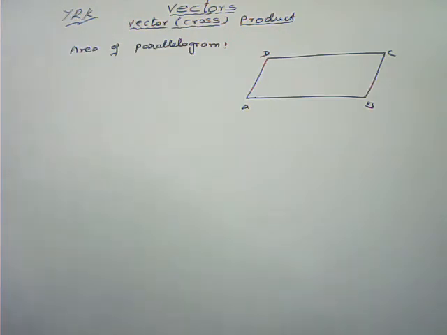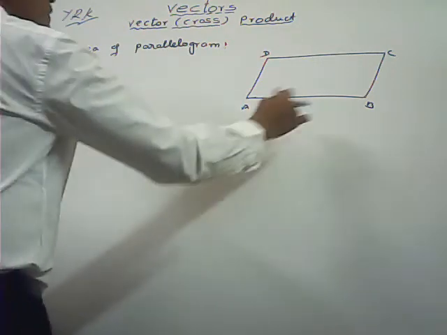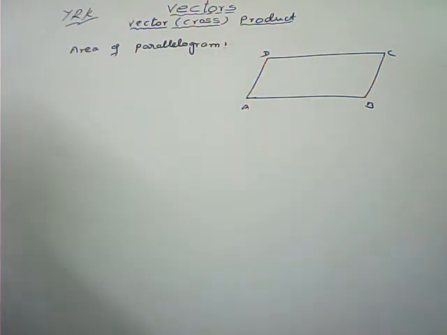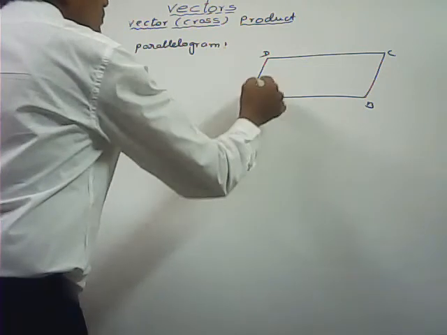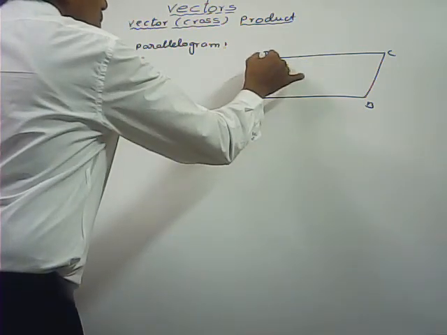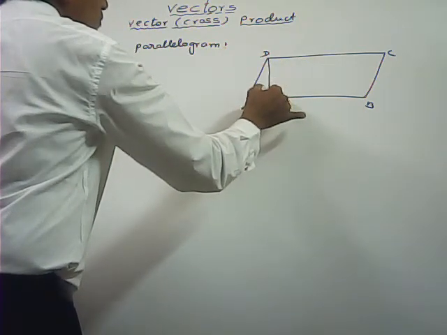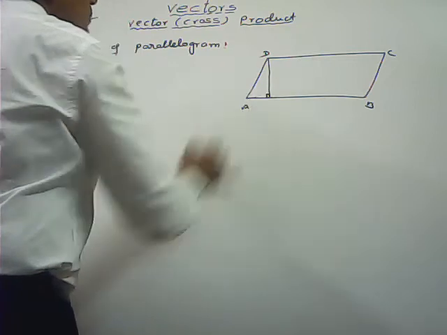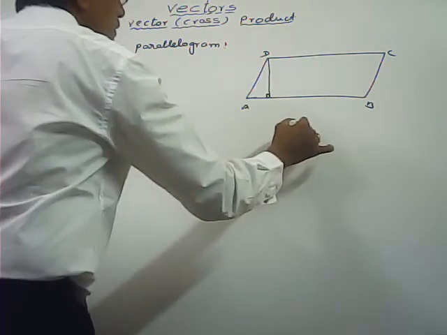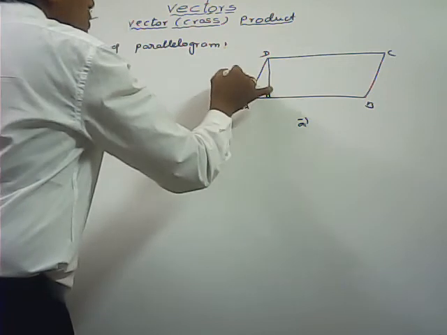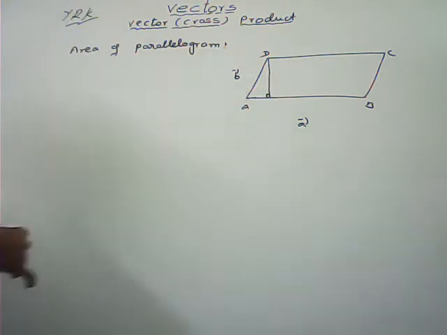Next, area of the parallelogram. Here A, B, C, D I have taken as a parallelogram. Here I want to find the area of this parallelogram. Here the base we know, and we take the corresponding altitude. This is the corresponding altitude. Here AB bar is equal to A bar, and these two are the adjacent sides of the parallelogram.